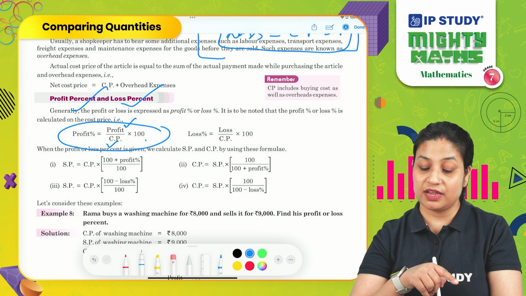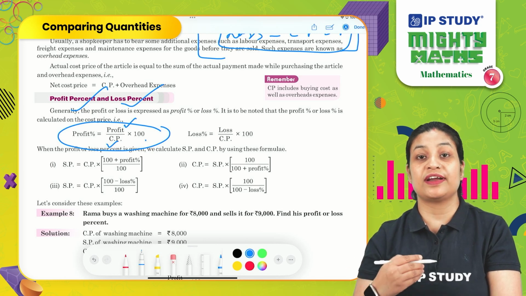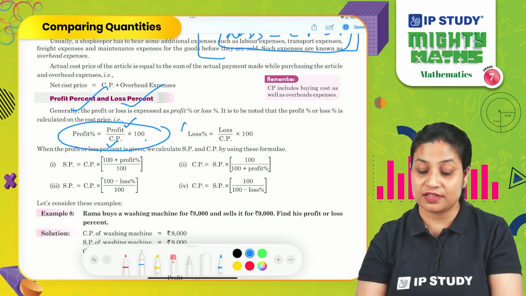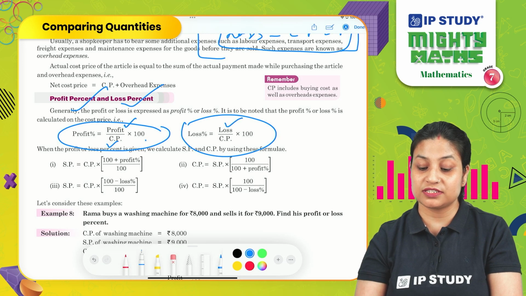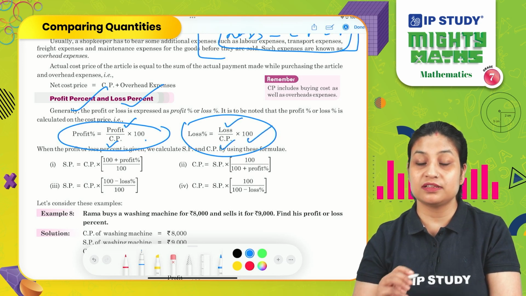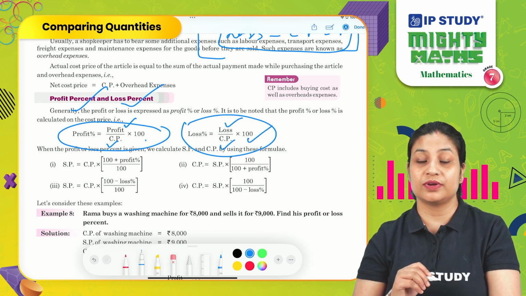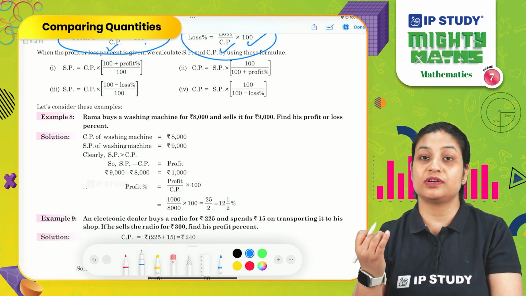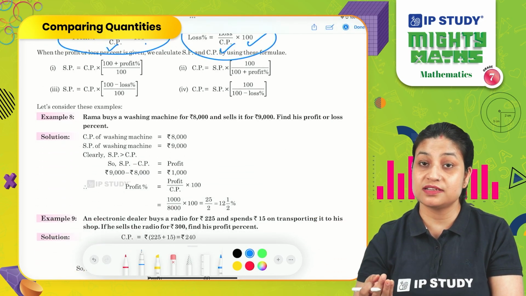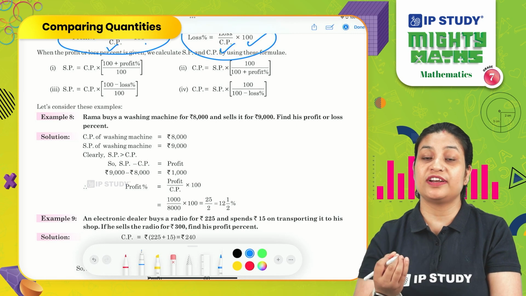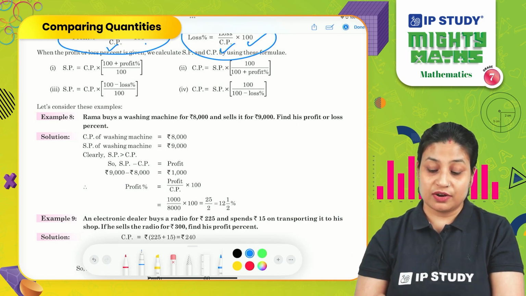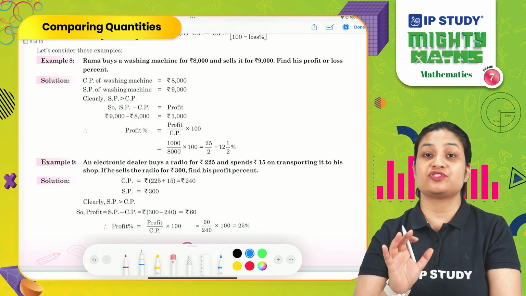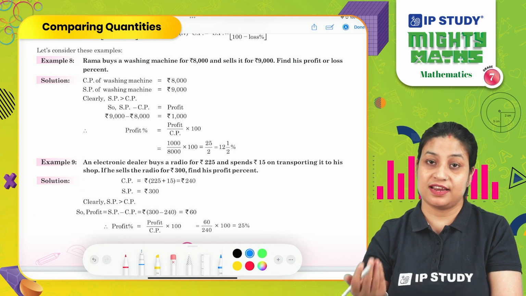In a similar way, if there is a loss and you want to find out what is loss percentage, in that case, divide loss by cost price and multiply with 100. Okay, so I hope you have understood this topic. What is profit, what is loss, what are overhead expenses, then how to express profit and loss in terms of percentage. Now, in order to understand this topic very well, let's take an example.